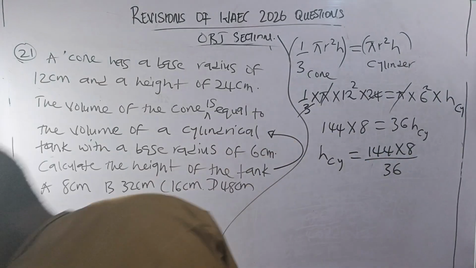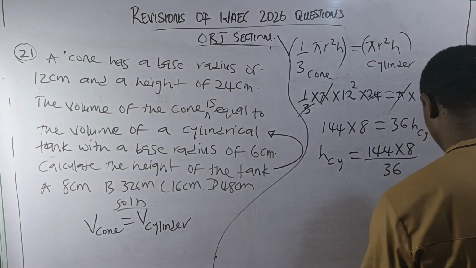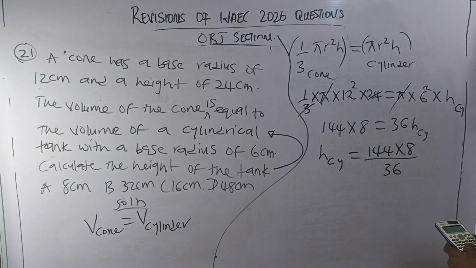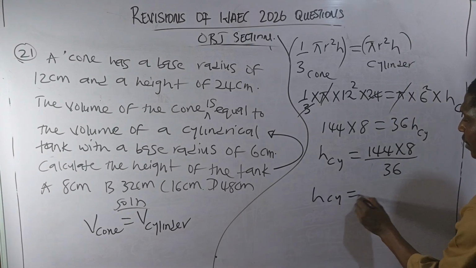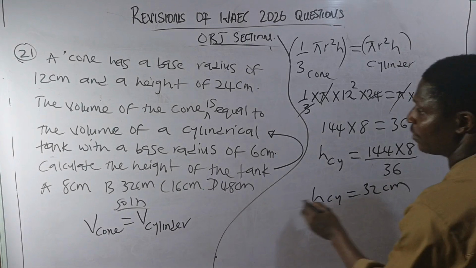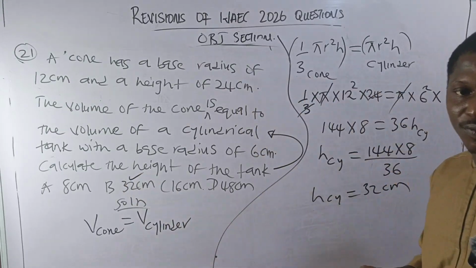Now I'll simply use my calculator, which is 144 times 8 divided by 36, and that gives me 32. So height of cylinder is equals to what? 32 cm. So it corresponds to our option what? B.